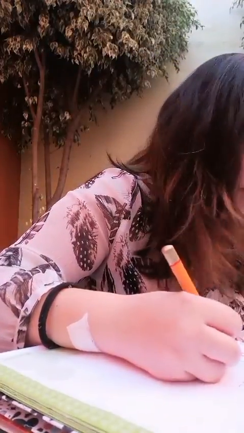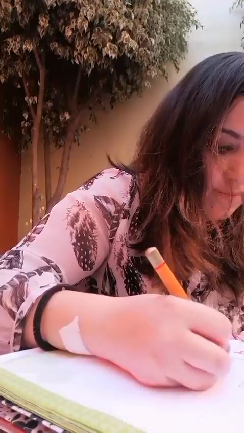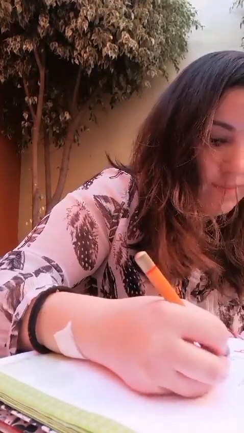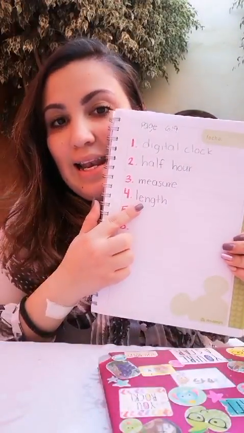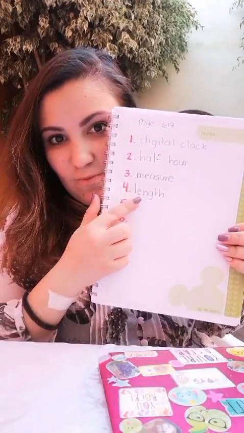What is it? What is the word we use to say how long it is? To tell how long it is, we also call it length. Okay? I know you're doing a great job.